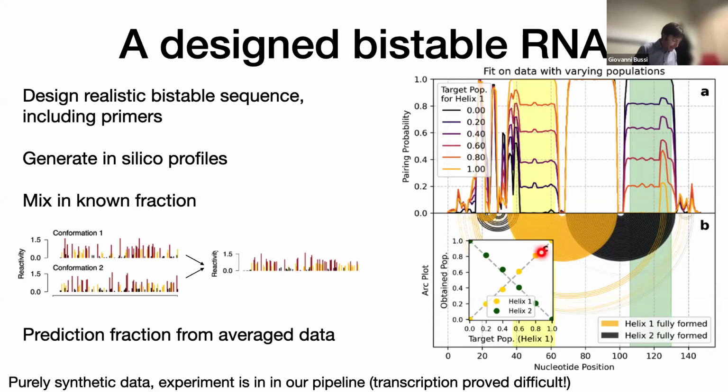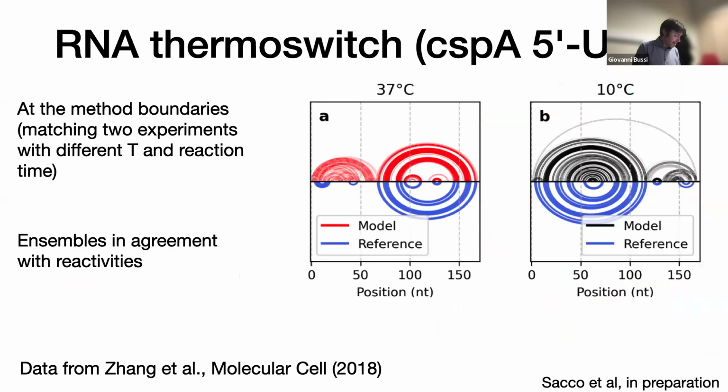And as you can see from this inset, basically the population that we predict for the two helices is almost identical to the, in this case, known population with which we mixed the two datasets. Okay, this is with the synthetic data, but actually these are realistic and real sequences, including primers, and the experiment is now in the pipeline of our collaborator, Redmond.